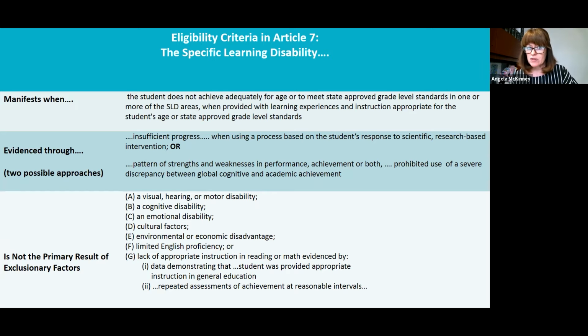And I think we all know what those areas are of specific learning disability. Now, the caveat here is when provided with learning experiences and instruction appropriate for their age or those grade level standards. And that's a big piece of it right there, is that they have to have good instruction.